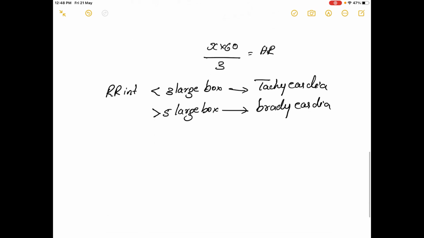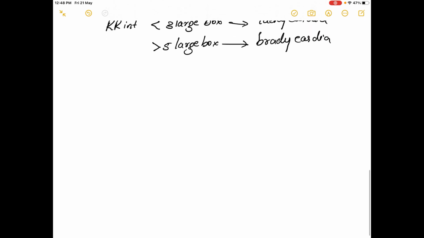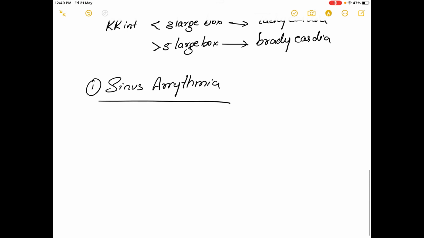Coming to sinus rhythms, the first one would be sinus arrhythmia. In sinus arrhythmia, the P wave is always normal, because it is a sinus rhythm, which means the electrical activity is from the SA node.